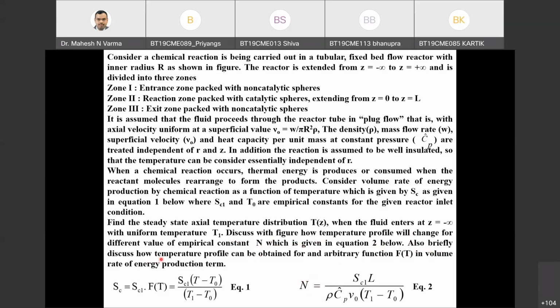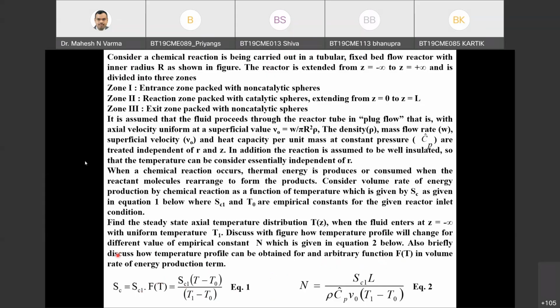Also verify how the temperature profile can be obtained for an arbitrary f of T. In this problem it is given as (T minus T0) divided by (T1 minus T0), but it can be any arbitrary function in the volume rate of heat generation, the rate of energy produced term. This is the given problem. So what information can you take from this?